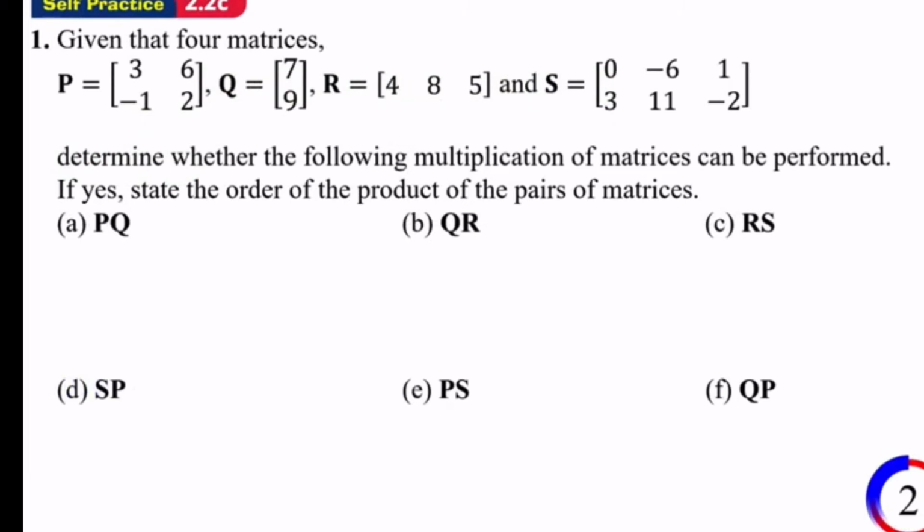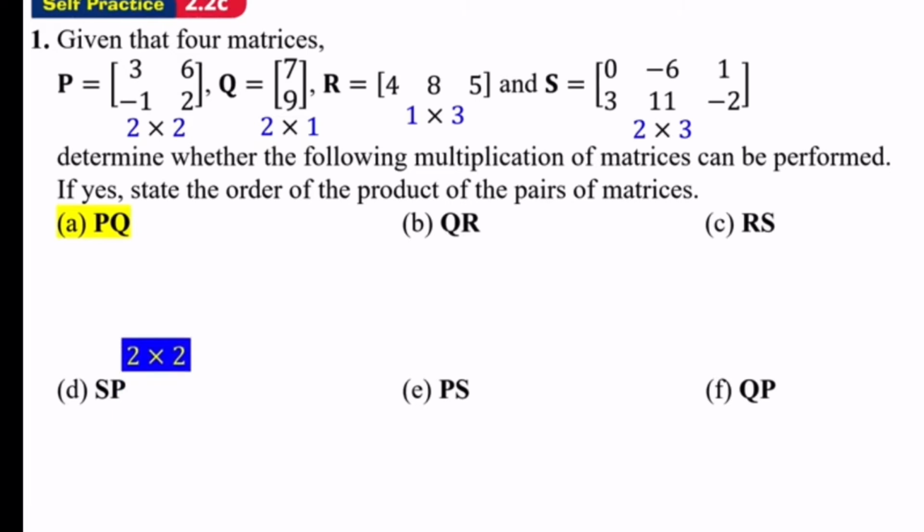So question number 1, we want to determine whether the following multiplication of matrices can be performed. If yes, state the order of the product of the pairs of matrices. Let's label down the order: 2 by 2, 2 by 1, 1 by 3, and 2 by 3.